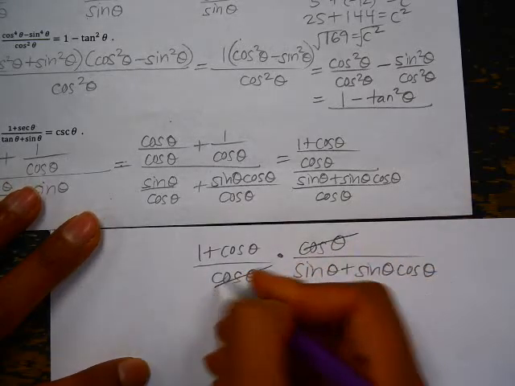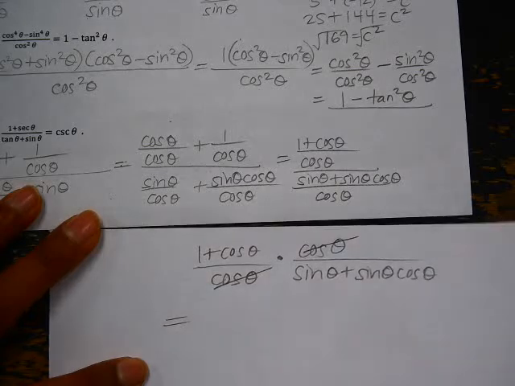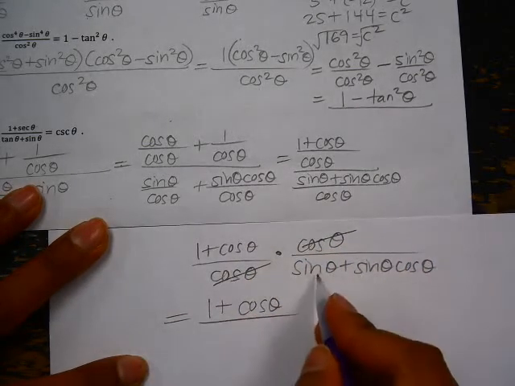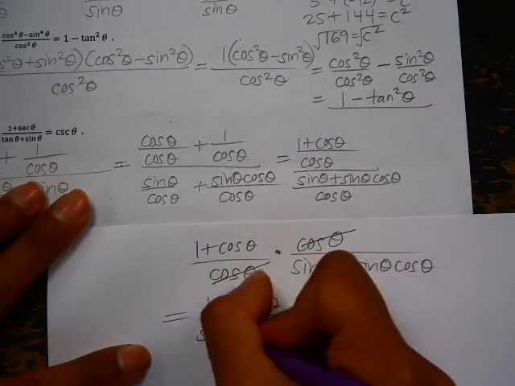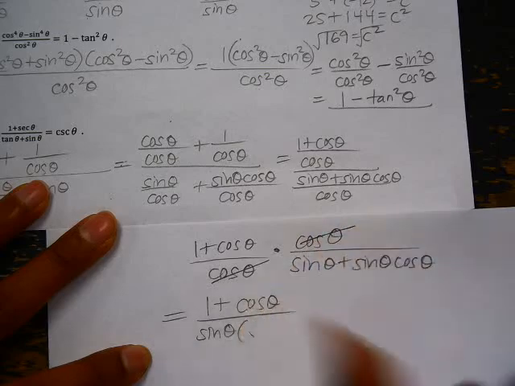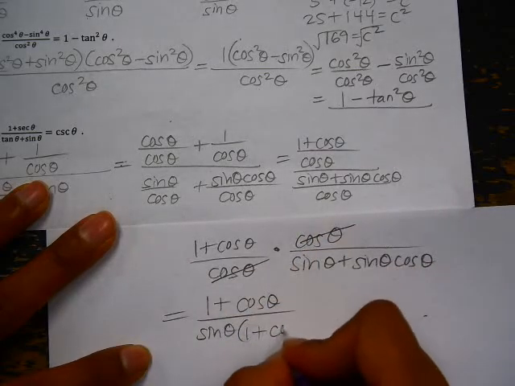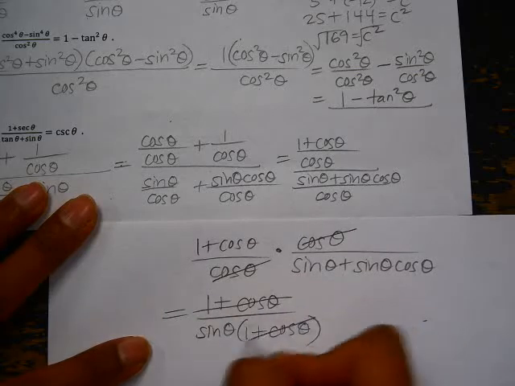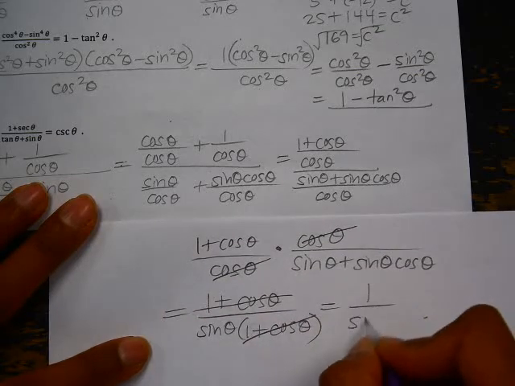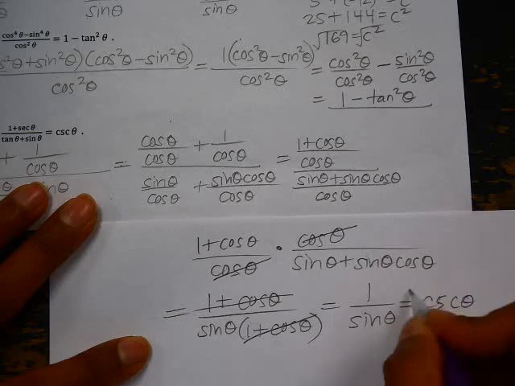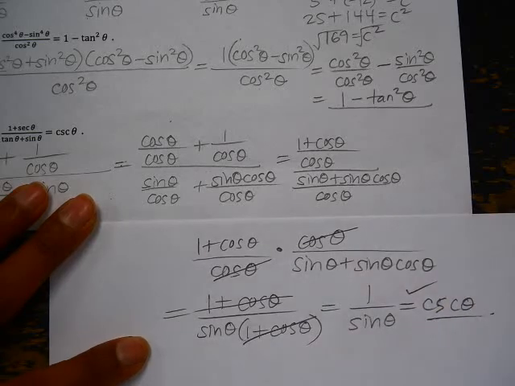The cosines cross out. So in the numerator I have a 1 plus cosine of theta. The denominator here can be factored. I have a common factor of sine, and then we're left with 1 plus cosine of theta. Those cross out, and we're left with 1 over sine theta, which is equal to cosecant of theta.